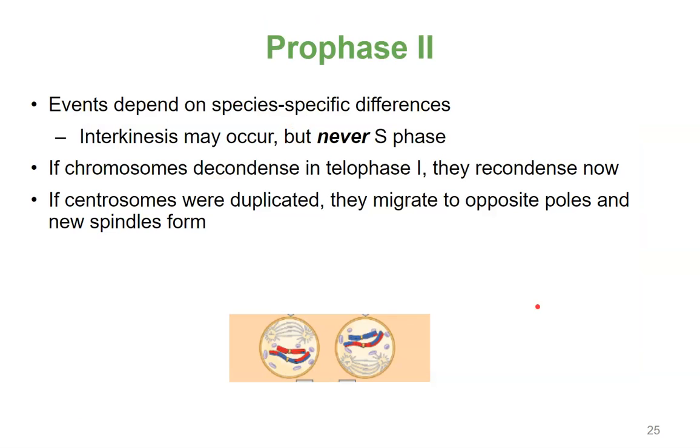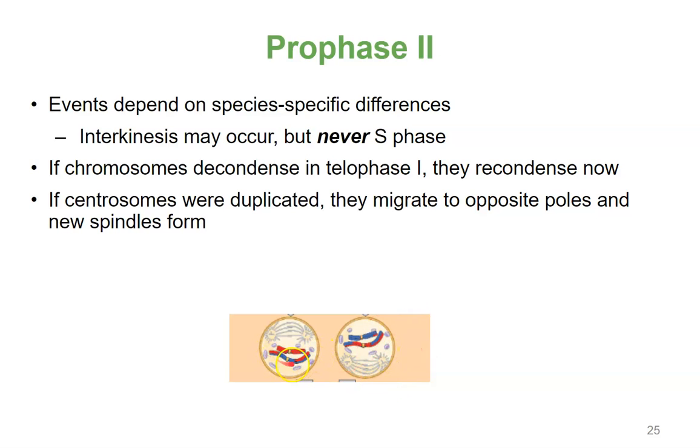So prophase 2, again, no interphase, no interkinesis, never S phase. Chromosomes are going to condense if they started to unravel. They probably stayed condensed, and the spindles are going to start to reform. So remember, at the end of meiosis 1, we already had 2 daughter cells, and they are already haploid.